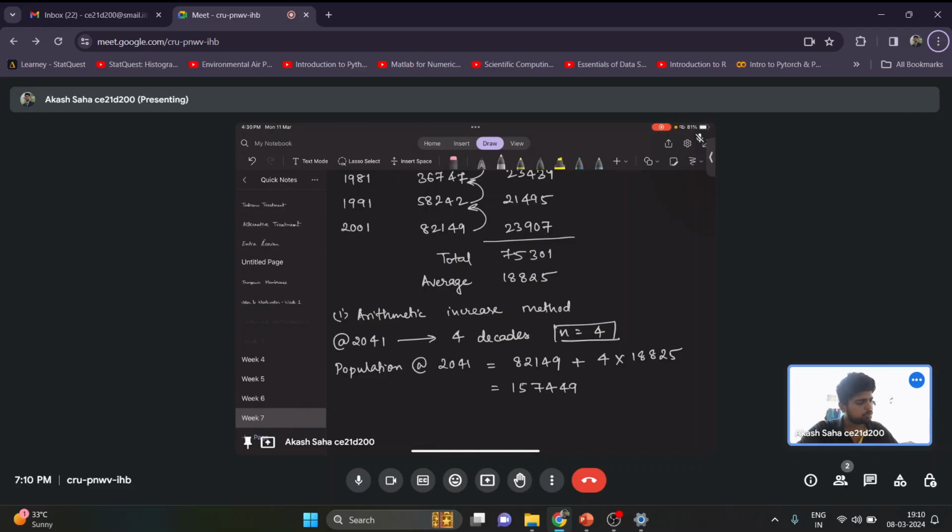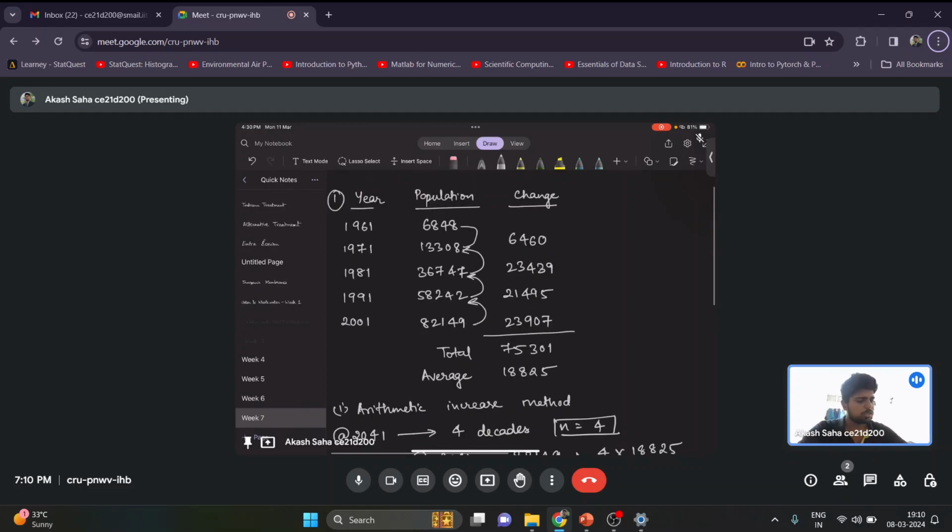So I will quickly go through the arithmetic increase method. What we did, we find the change by subtracting two populations back to back. So we will subtract the population of 1961 from 1971.